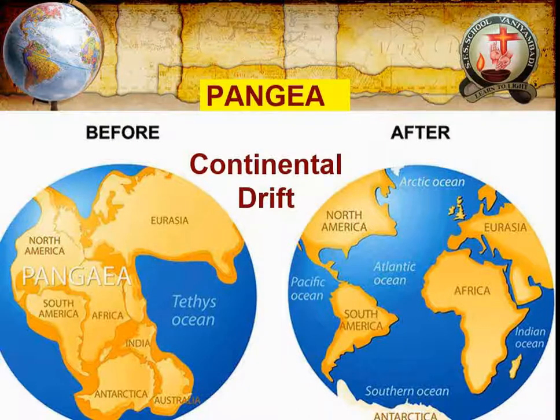So when this continental drift happened, it was not divided into many pieces at a stretch. First it was divided into two. One is Laurasia, which is in the north. It consists of Eurasia and North America. And the second part is Gondwana, which is in the south. It consists of the countries like Africa, South America, Antarctica, Australia, and India.